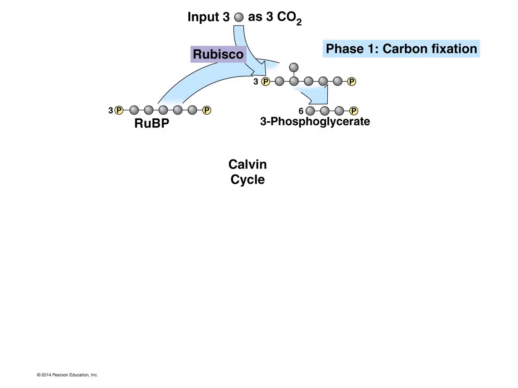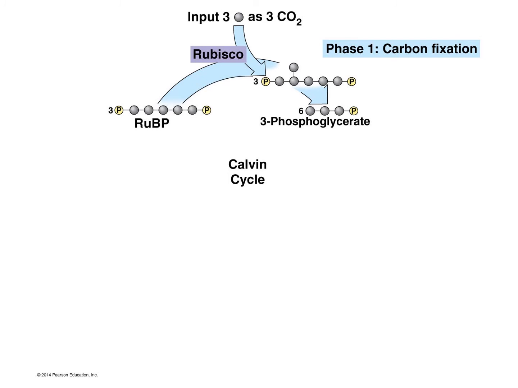The slide gives us a more detailed look at the actual sequence of reactions that make up the Calvin cycle. The process begins with the input of 3 carbon dioxide molecules. An enzyme called Rubisco will catalyze the combination of those carbon dioxides and 3 molecules of a 5-carbon phosphate sugar called RuBP, ribulose bisphosphate.